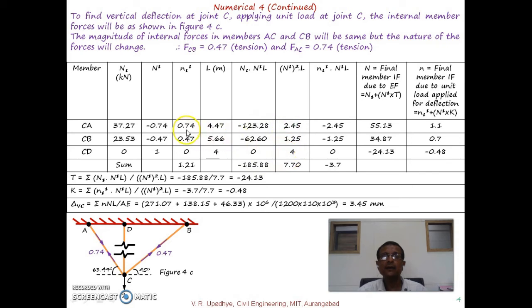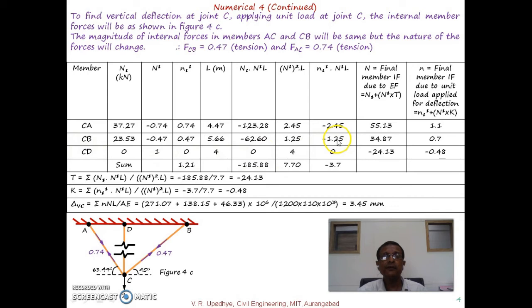In further table, that capital N1 square L. So N1 square is written over here. And then as usual, what we want finally is small n1, capital N L. So this is written over here. But these are due to removing that member CD.